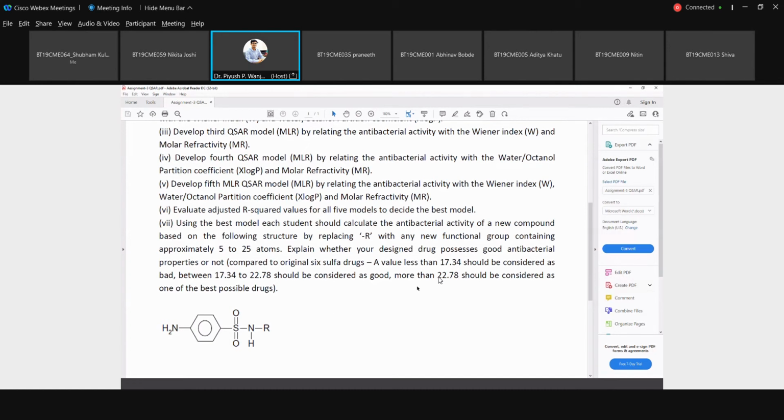So if you are trying to tune a compound which has 22.78, it might be possible that by changing the structure a little bit, thinking about this criteria only, you might get a compound with similar or even better properties, instead of choosing the compound which has just 17.34. I hope you are getting what I'm trying to say.